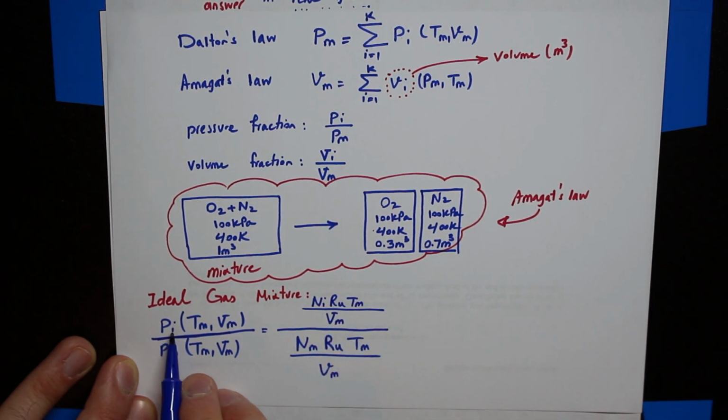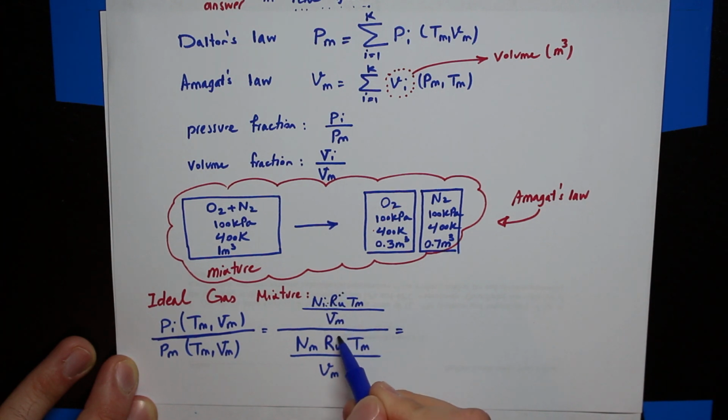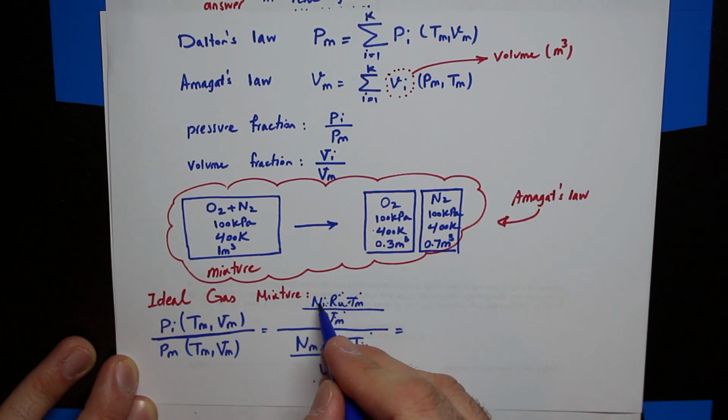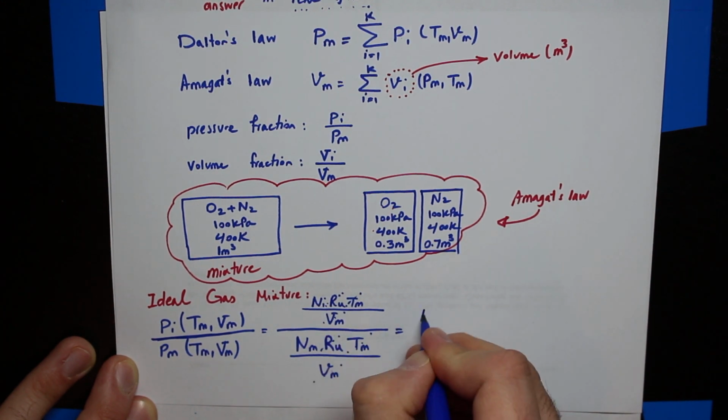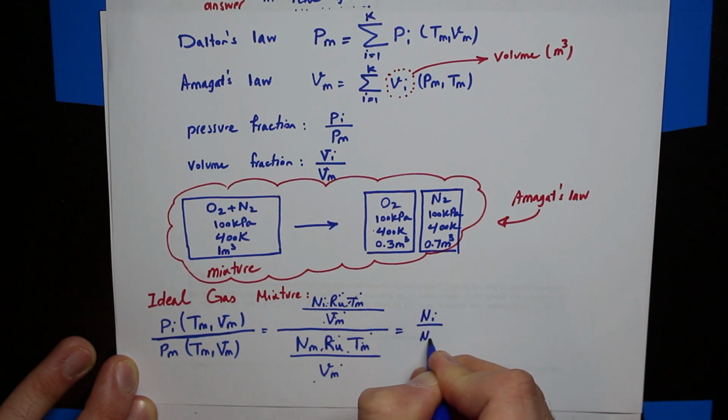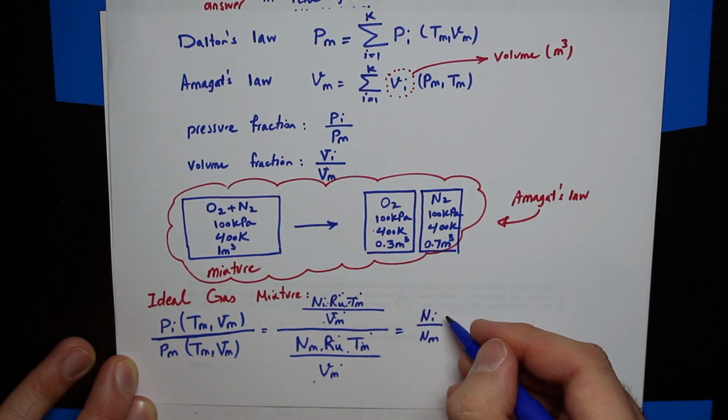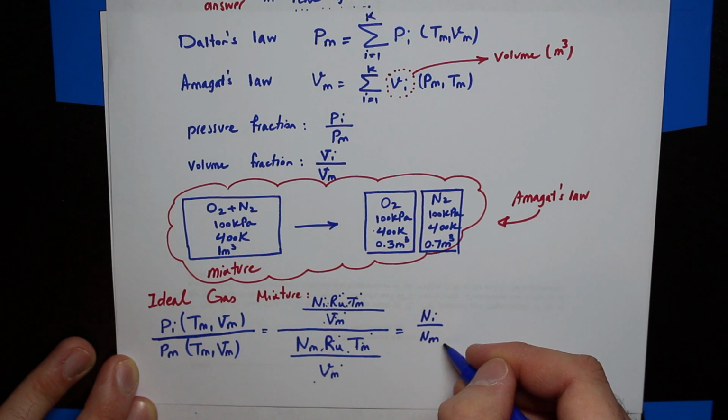The reason is component i has the temperature of the mixture and the volume of the mixture. Now, I can simplify this Ru with this Ru, this Tm with this Tm, and this Vm with this Vm, and I will end up with Ni over Nm, the number of moles in component i over the number of moles in the mixture.